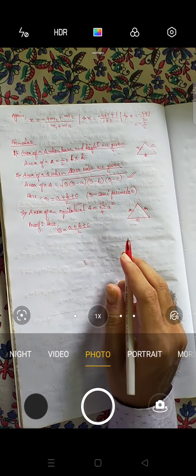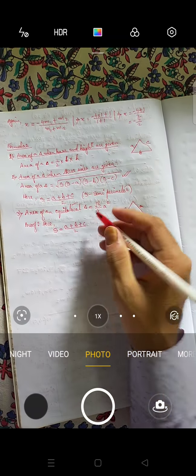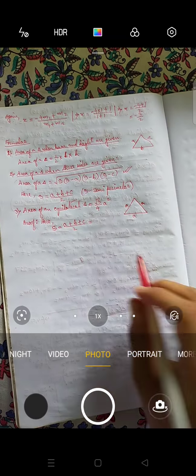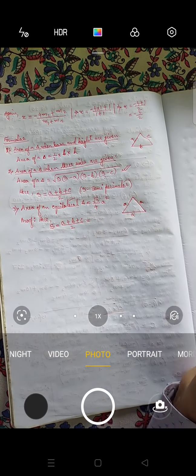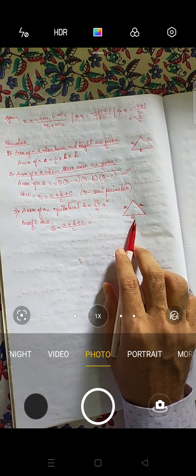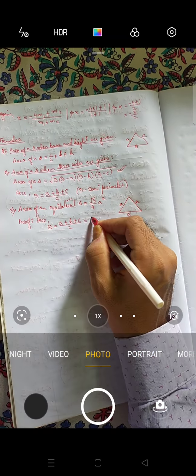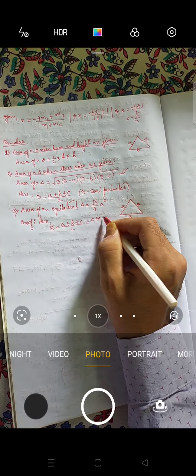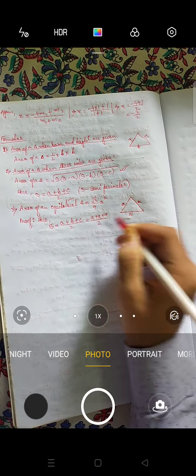Now I am saving my page. You can write in the next line, or you can continue here also. A, B and C: what are the values of A, B and C? A is A, B is A and C is also A. So can I say that A plus A plus A by 2? Any problem?